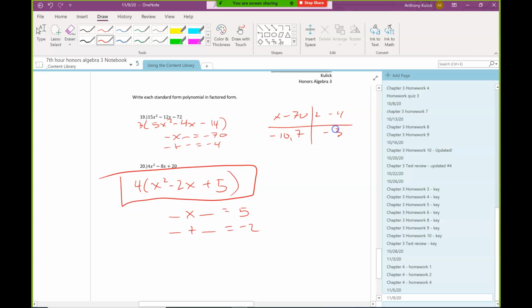So negative 10 and 7 gets us negative 3. That doesn't work. And obviously the reverse isn't going to work either. After that, we could do 5 and 14, I think, is the next one. And that's now too small.